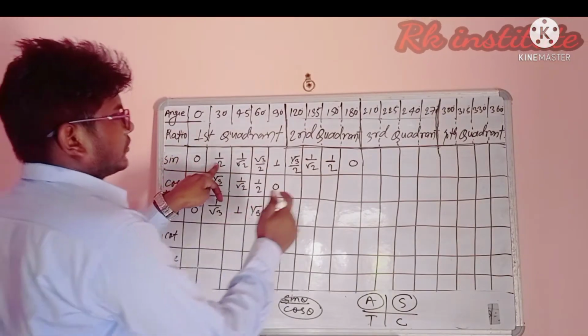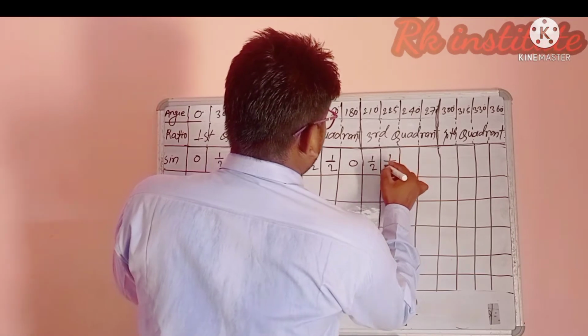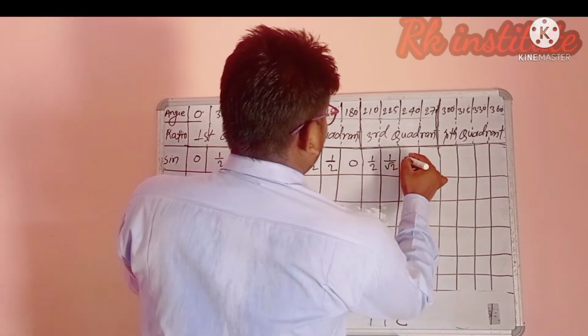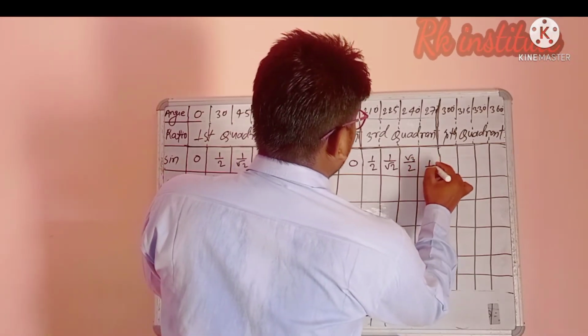We start from 0, 1 by 2, 1 by root 2, root 3 by 2 and 1.